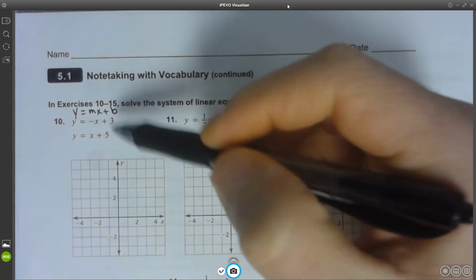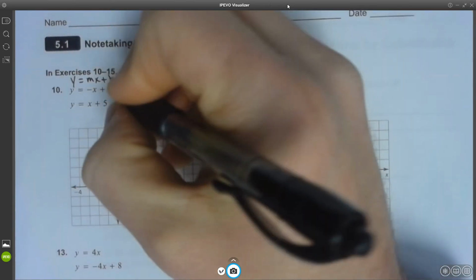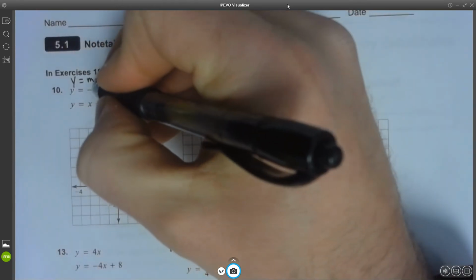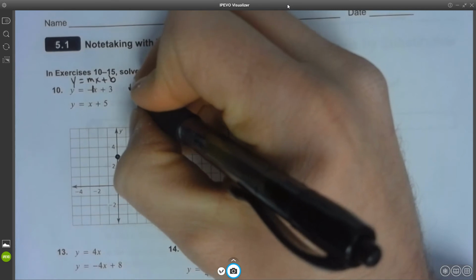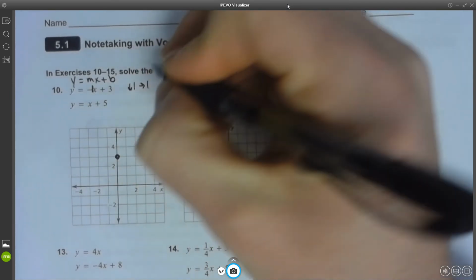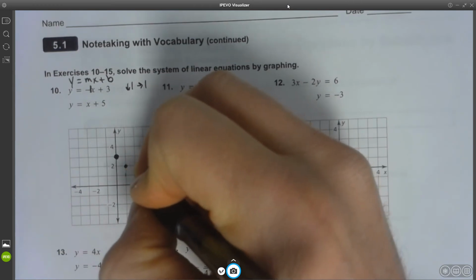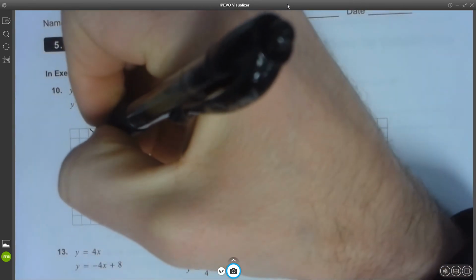We start at the y-intercept. So this first line, I'll do in black, would start at 3 on the y-axis. There's a -1 for slope. So for that first equation, I'm going down 1 to go right 1. So down 1, right 1, down 1, right 1, down 1, right 1. So there's my first line.